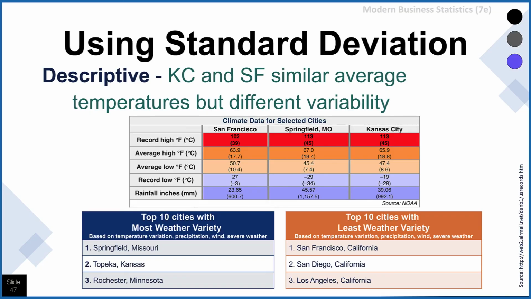The temperatures change dramatically in Springfield, similar to Kansas City. But San Francisco, as well as other places in California, have very consistent temperatures. In fact, they are in the top 10 cities with the least amount of variability in the weather. And that is how we interpret variability in the real world.